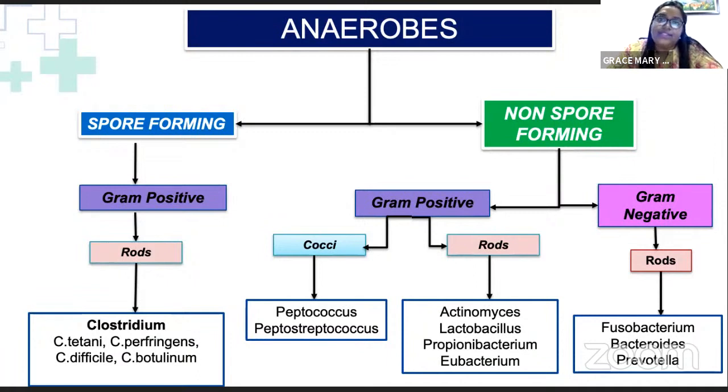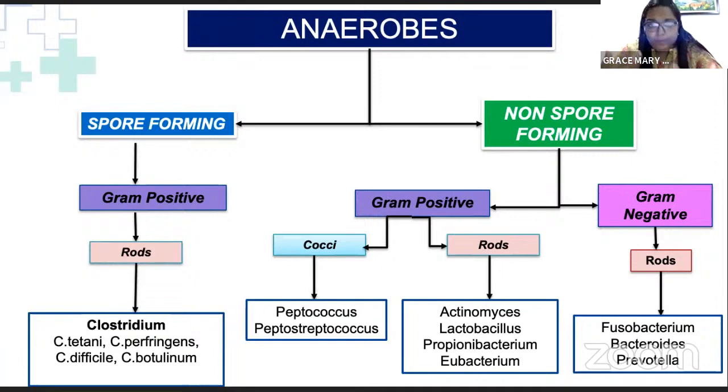And then under the non-spore-forming bacteria, we have classifications with regard to gram staining. We have both gram-negative and gram-positive. Gram-negatives are usually rods, and those include our Fusobacterium, Bacteroides, and Prevotella. The gram-positives are further divided by shape into cocci and bacilli.